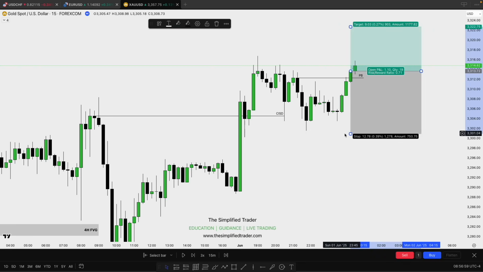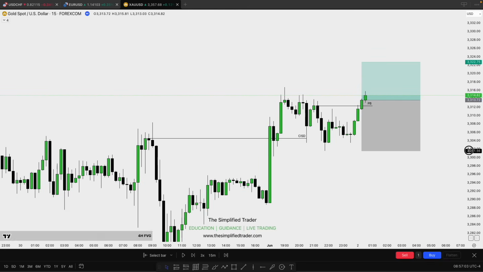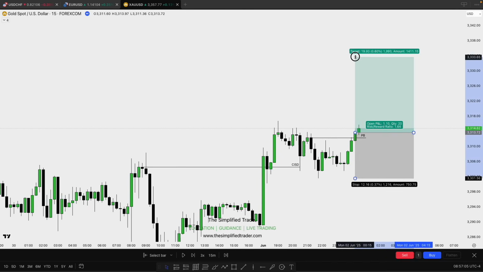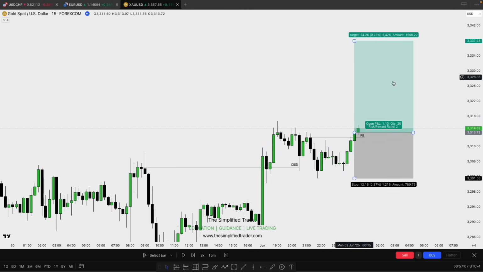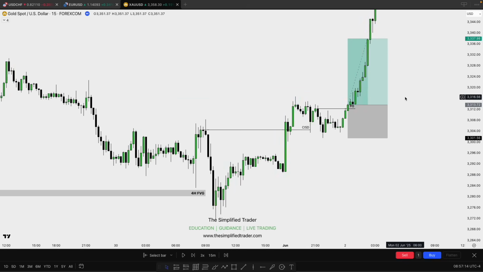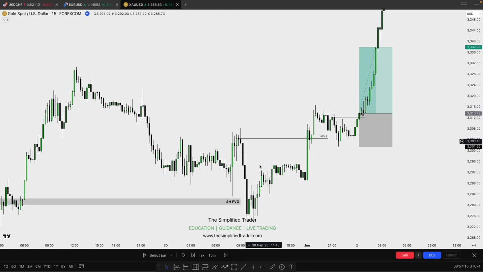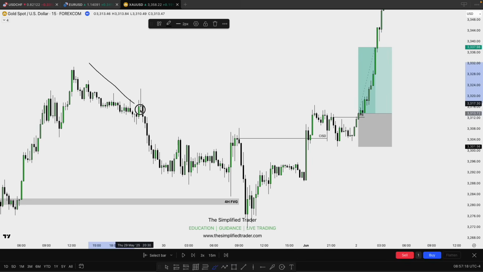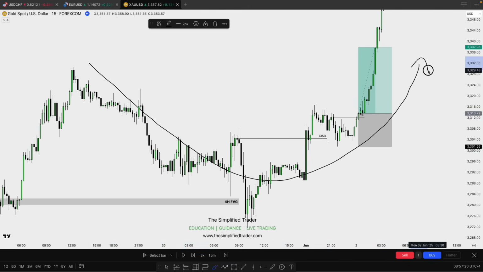Stop loss, we cover this low because this is my new protected low. And we have a minimum of 2R. This is our trade, and we let this trade play out. Immediately we hit take profit, and we complete this market maker buy model.